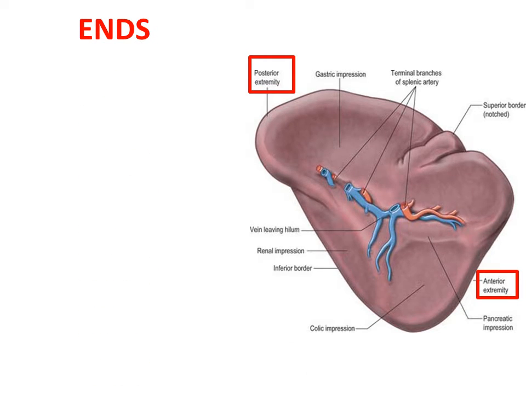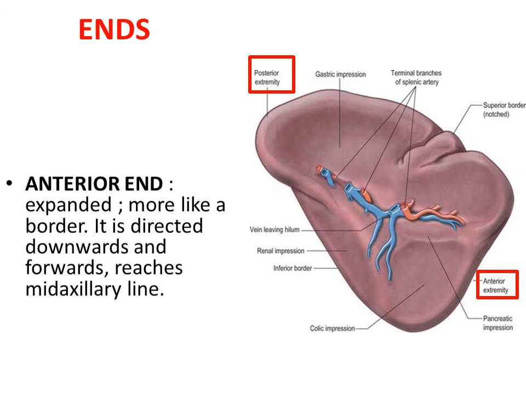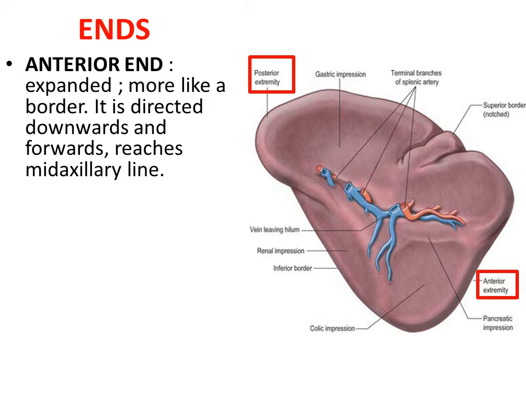See in this diagram, I'll explain you about the ends. First is the anterior end or lateral end. See this one. This anterior end or lateral end is expanded and it is more like a border. It is directed downwards and forwards and reaches the mid-axillary line. Right?